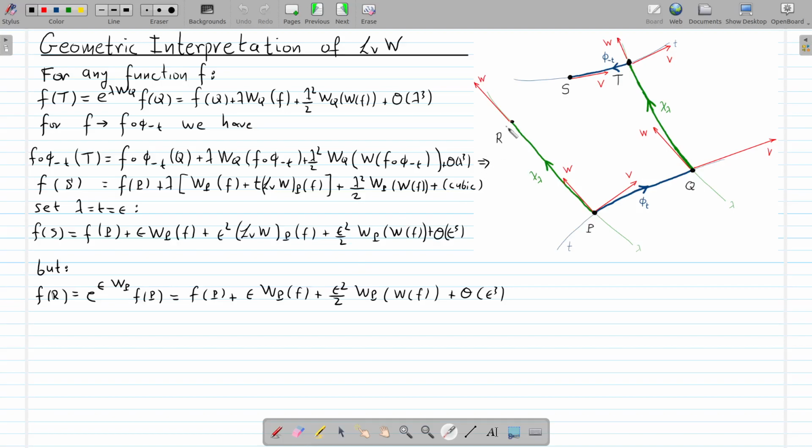On the other hand, f of r can be computed by dragging p to the point r using the exponential operator here. That is equal to f of p, plus epsilon times the action of W at p on the function f, plus this second derivative term here, plus terms of order epsilon cubed.